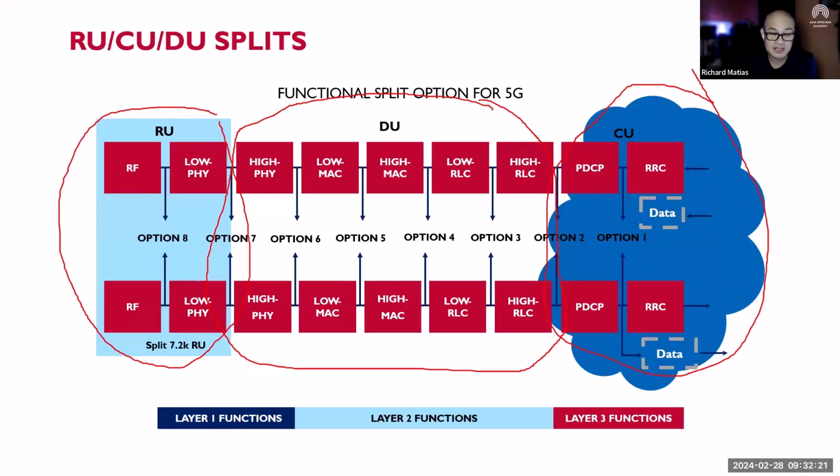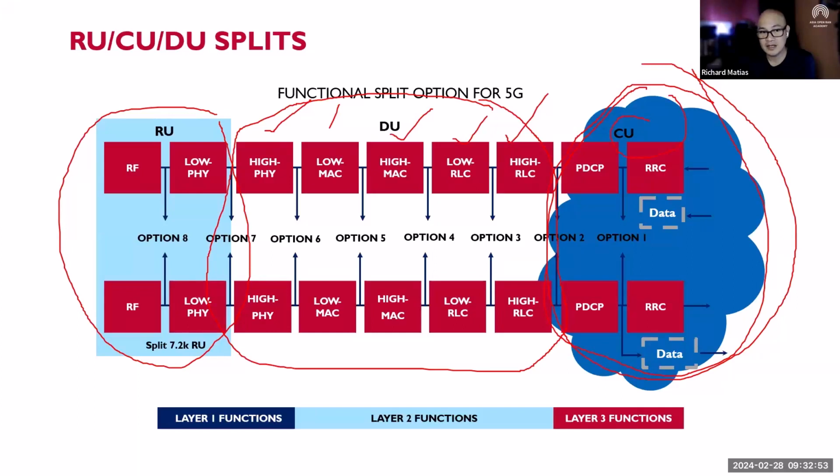In this case, this is what we call the split 2, because we have split the CU into two, the PDCP and the RRC. You can see that the complexity of the DU becomes high because more functionalities or protocols are defined inside this hardware compared to the CU.